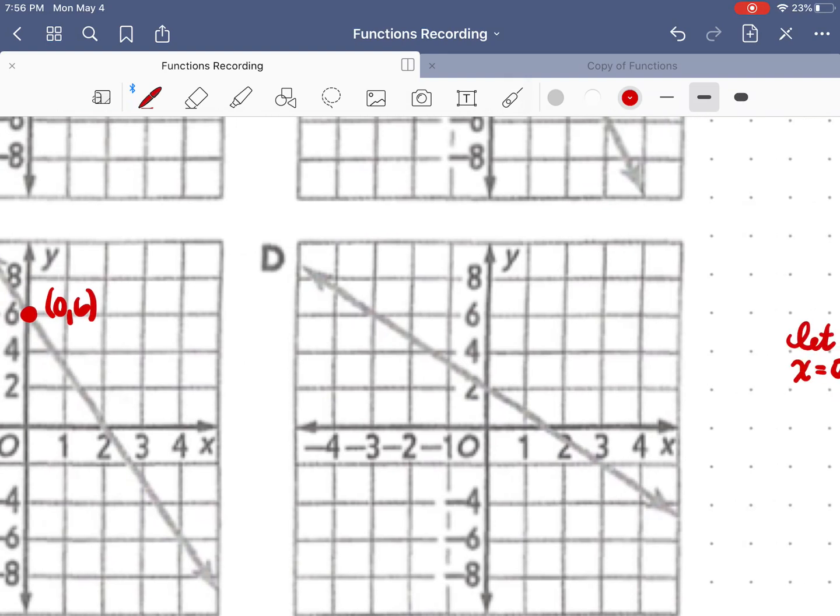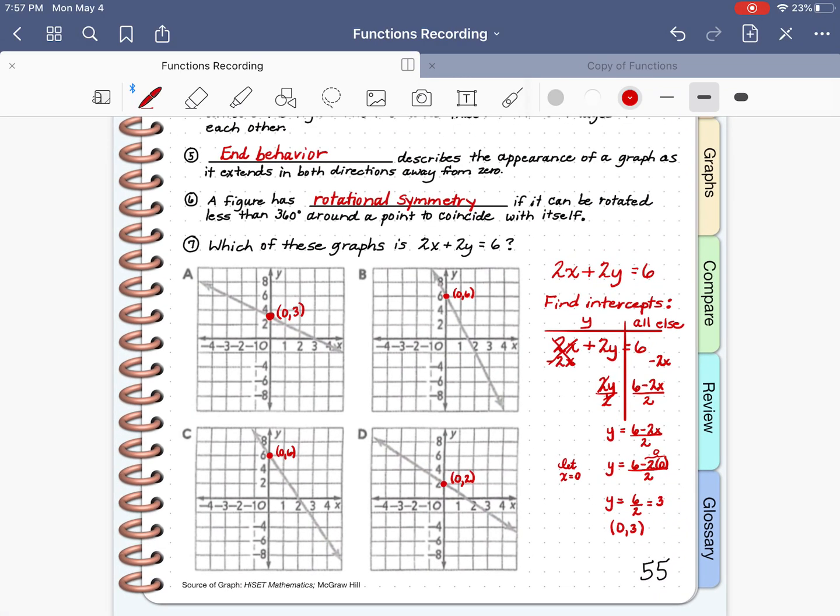And here, be careful, it's tempting, but this is 0, 2. So which graph matches what we found? 0, 3 and 0, 3. I would go with graph A. If you can find those intercepts, that will help you.